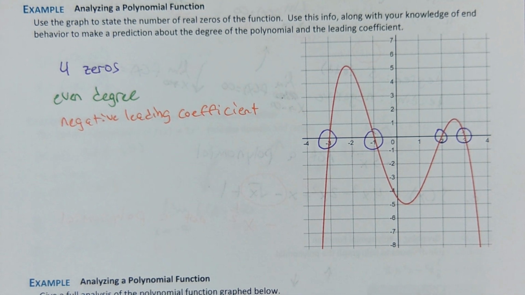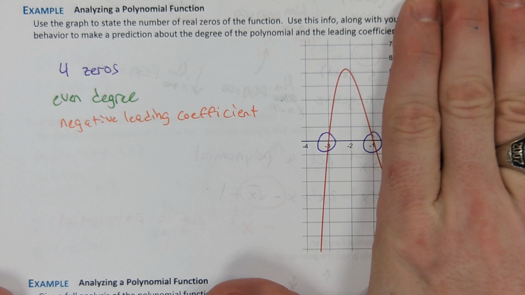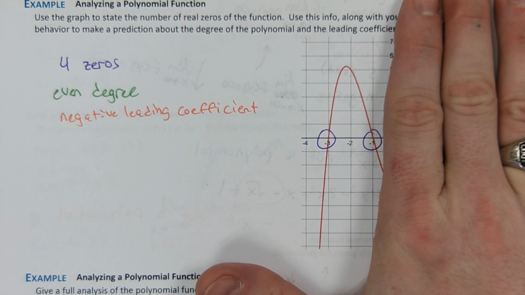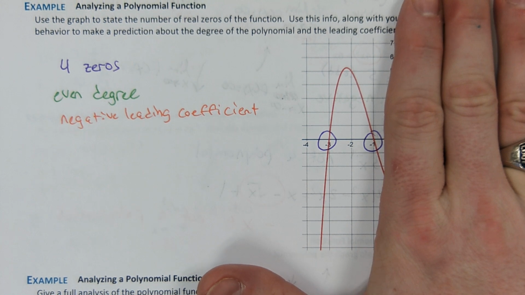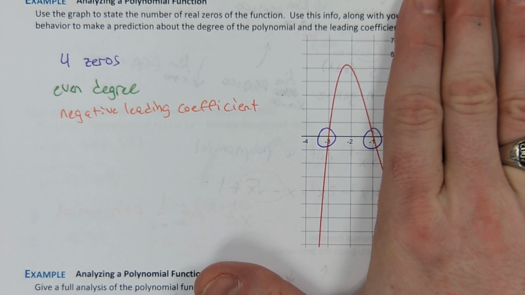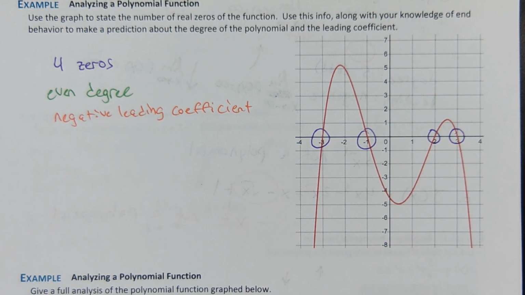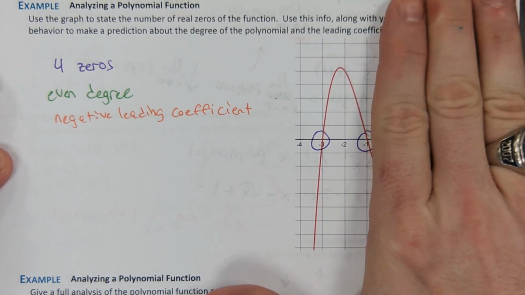Okay, so I'm going to ask you to stretch your brains just a little. It's outside of what the book wanted you to know right now, but I think that you have the ability to answer this question. If this was all you could see, what would you tell me the degree of this polynomial is? What kind of graph does that look like? A parabola. So what's its degree? 2. What if you could see that much of it? What would the degree be now? 3. So what do you think the degree is now? 4. See? Looks like a parabola, degree 2.